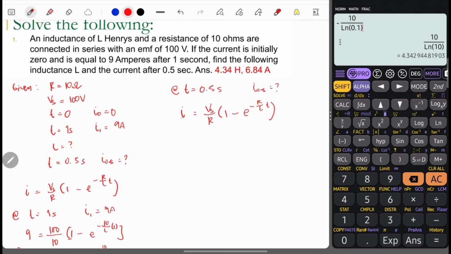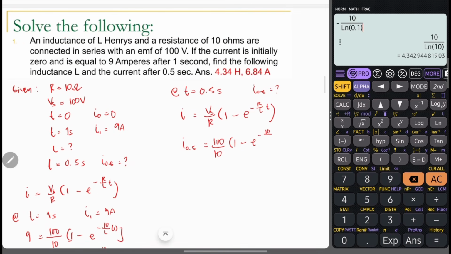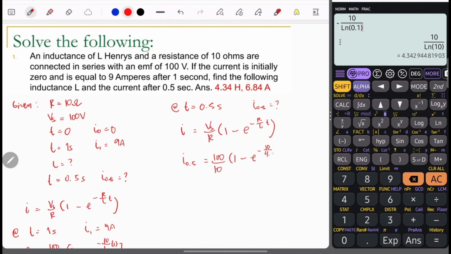So I at 0.5 equals V sub s is 100, R is 10, 1 minus e to the negative R is 10, L is 4.34. Then multiply by the time 0.5.